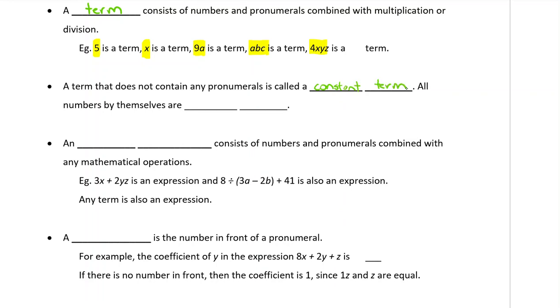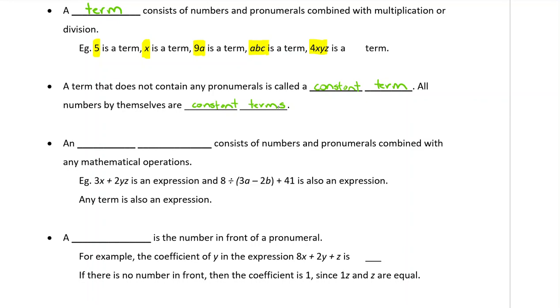All numbers by themselves are constant terms. So that 5, the one that was just a number, we would call that a constant term because there's no variable in it. There's no letter. The letters are the variables, so that one is a constant term.